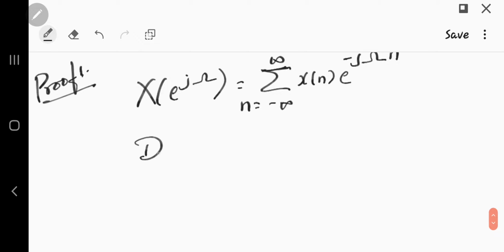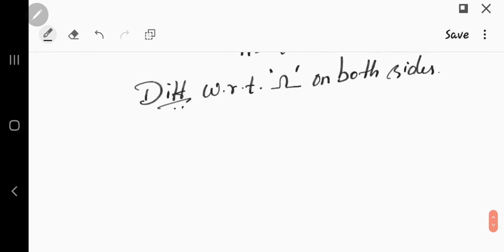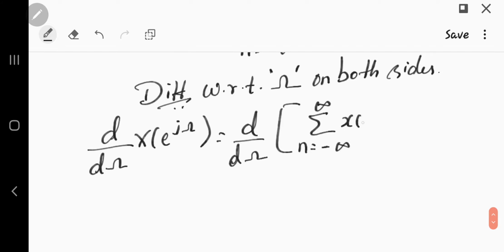Now if you differentiate with respect to omega on both sides, we get d by d omega X of e power j omega is equal to d by d omega of the summation of x of n e power minus j omega n.